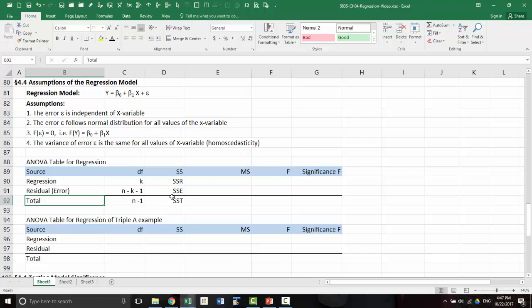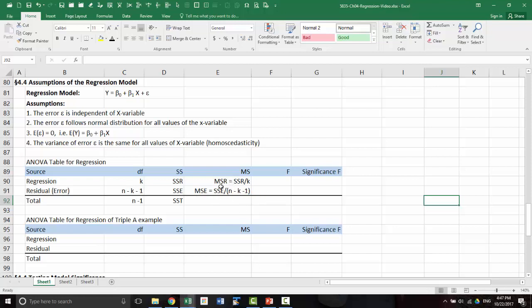So this is the sum of squares. Now MS stands for mean square. So mean square is you take the sum of squares and divide by the degrees of freedom. And when you do that, you get mean square. So you get MSR, that is mean square regression, like SSR is sum of squares regression, and MSE is mean square error, that is SSE divided by the degrees of freedom.